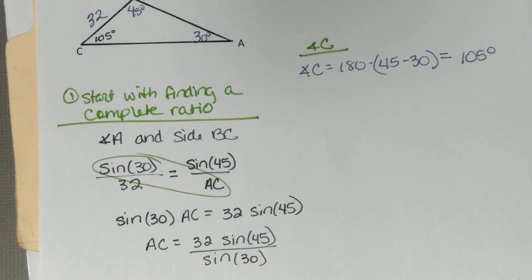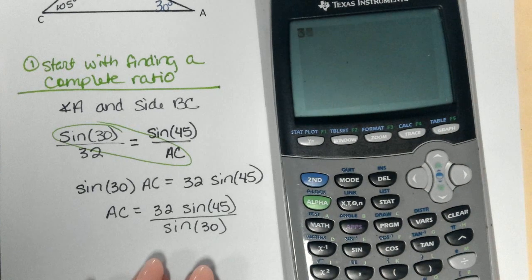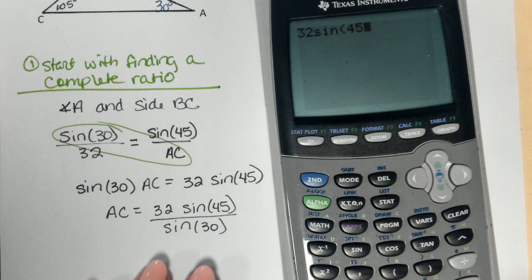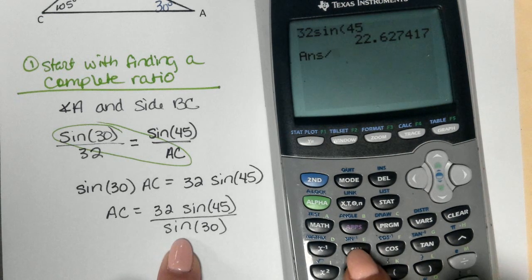Now take your calculator, make sure you're in degree mode, and type in 32 times the sine of 45, enter, and then divide by the sine of 30.